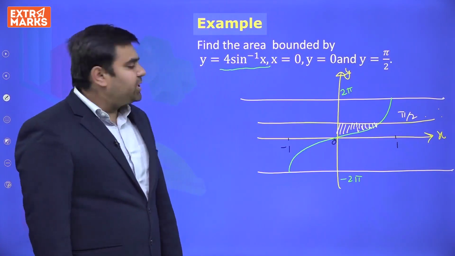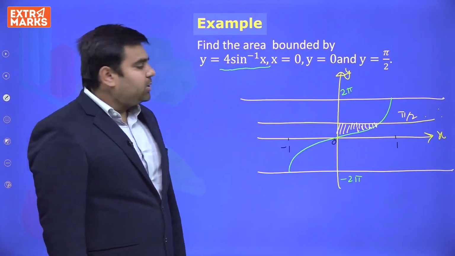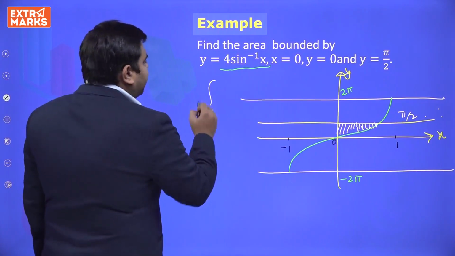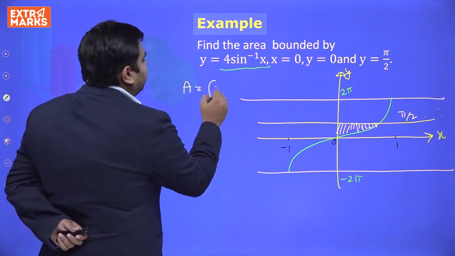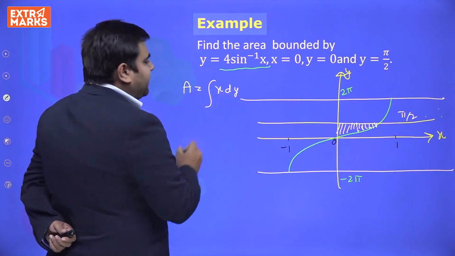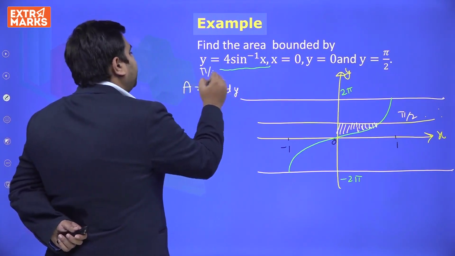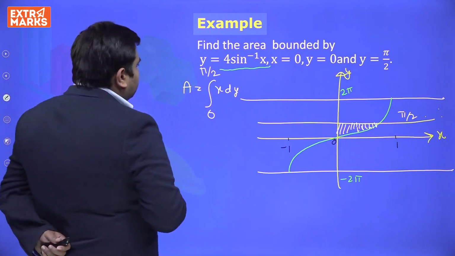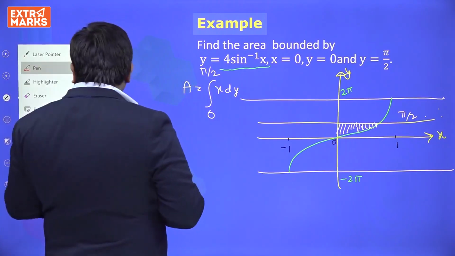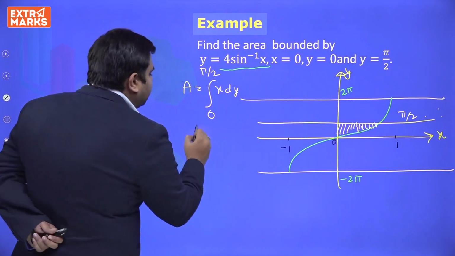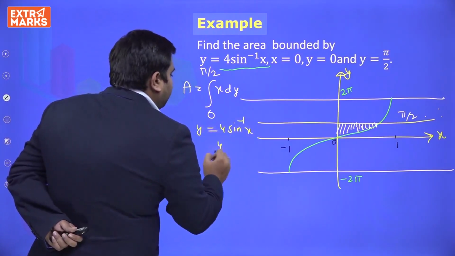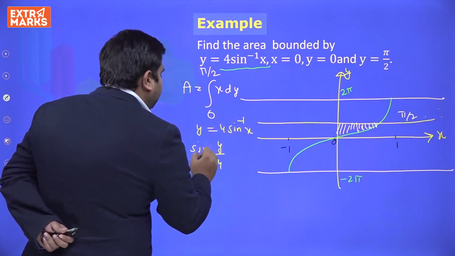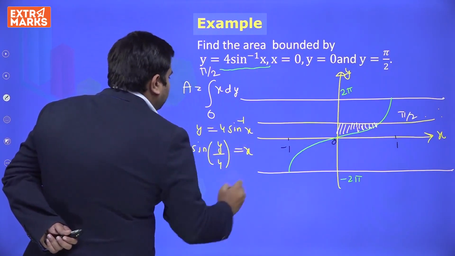So how to obtain this shaded area? It can easily be obtained by applying the formula we have learnt, that area is integral of x dy, where y varies from 0 to pi by 2. What is x? If y is equal to 4 sine inverse x, then sine of y by 4 will be equal to x.